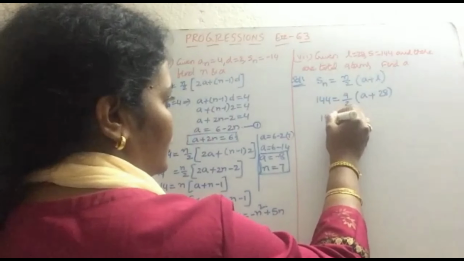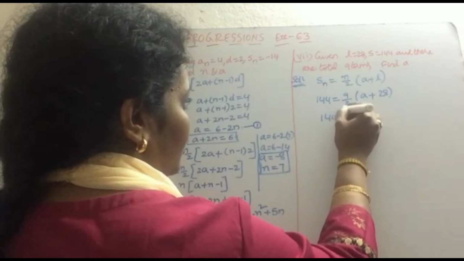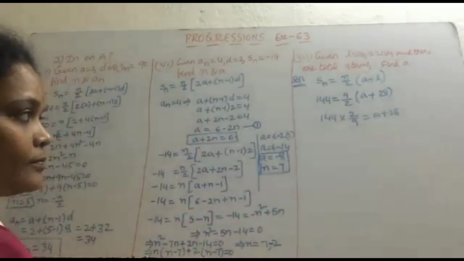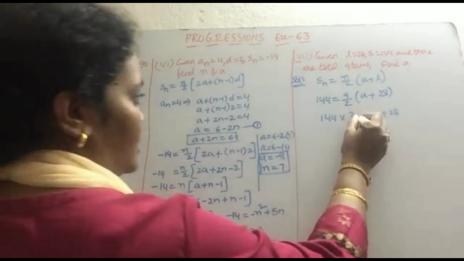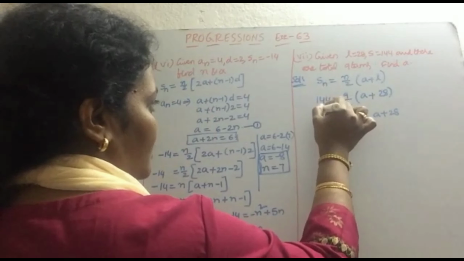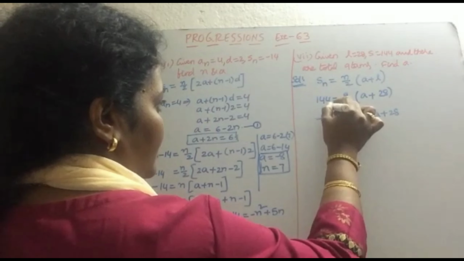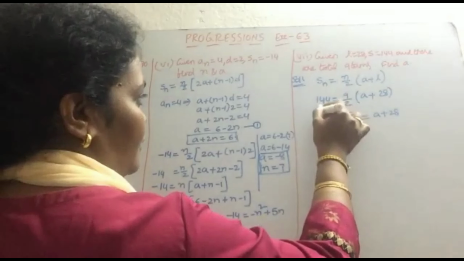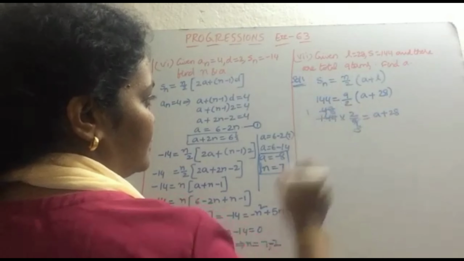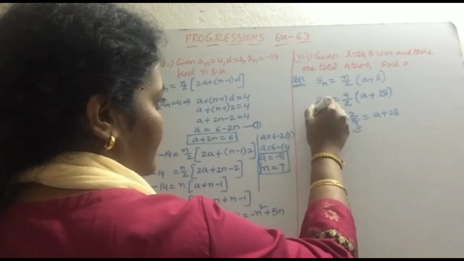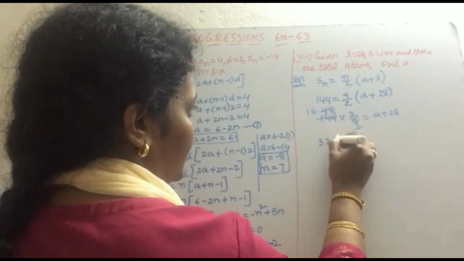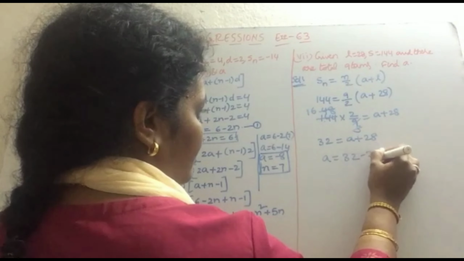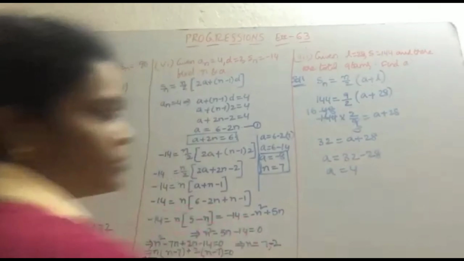So 144 into 2 by 9 is equal to a plus 28. So 3 3s are 9, 3 4s are 12, 3 8s are 24, 16 2s are 32, is equal to a plus 28. So a is equal to 32 minus 28, that is equal to 4. So a is equal to 4.